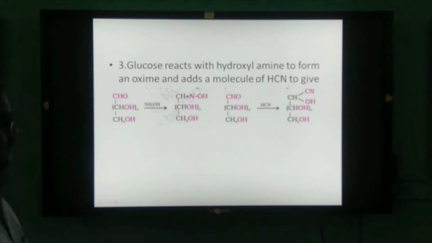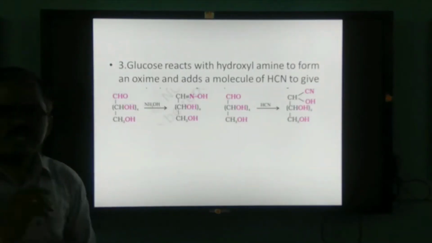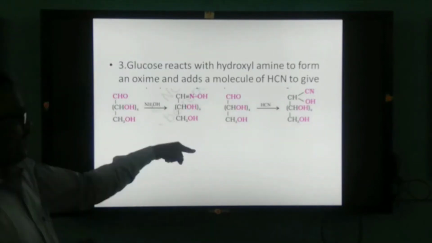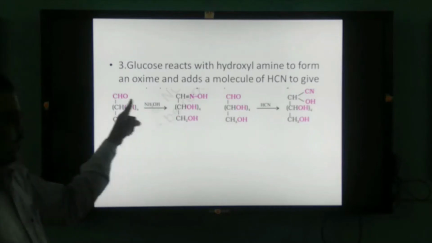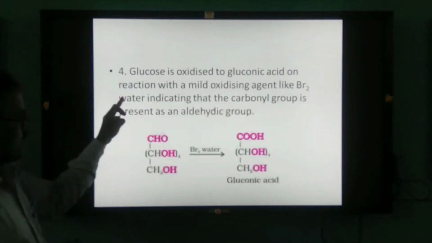Next, it is reacting with NH2OH. When it is treated with NH2OH, that is hydroxylamine, you are getting an oxime derivative.